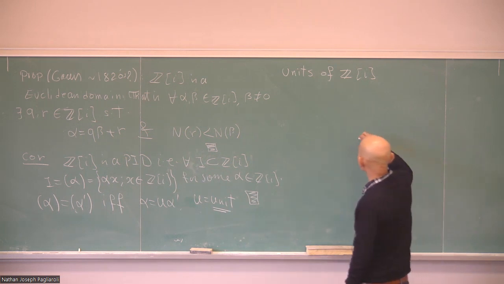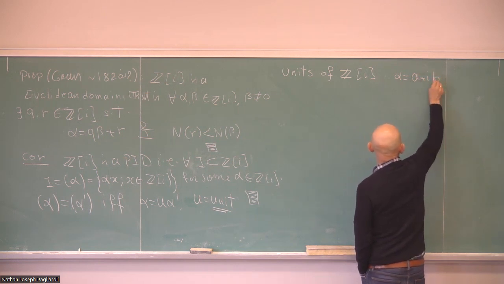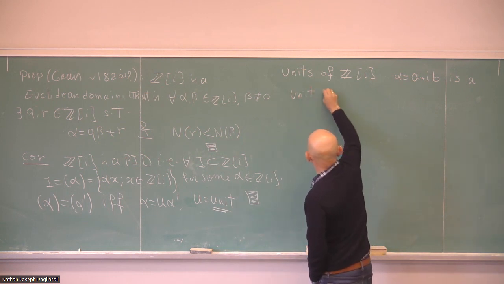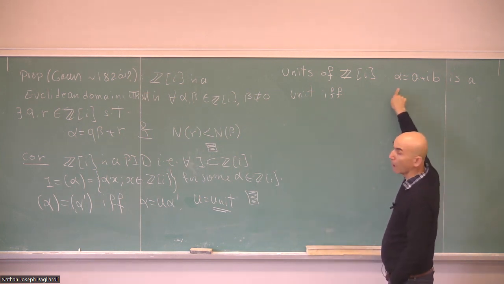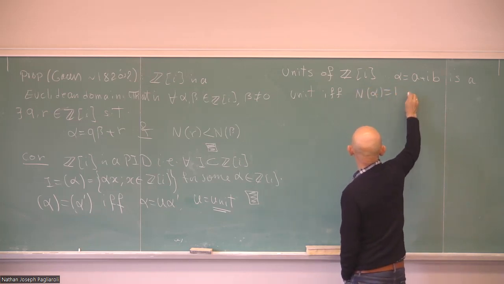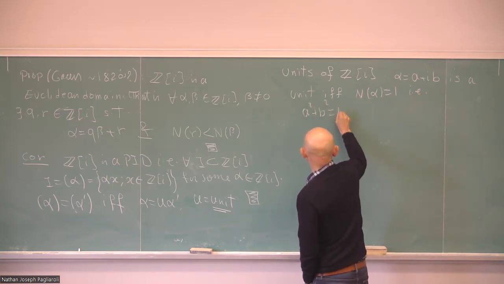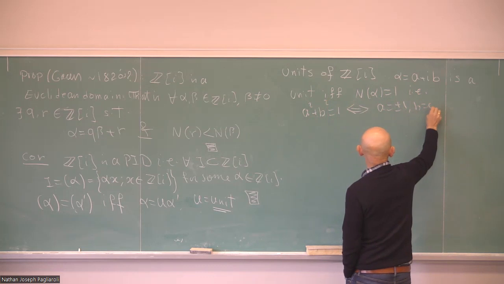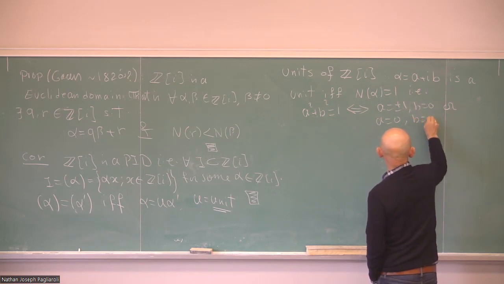So in other words, you can easily check that alpha equal to a plus i b is a unit if and only if the norm of alpha is equal to 1, i.e. a^2 plus b^2 equals 1, and this is if and only if a equals plus or minus 1 and b equals 0, or a equals 0 and b equals plus or minus 1.